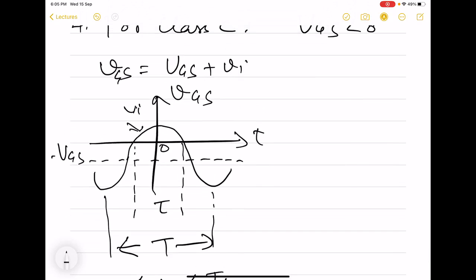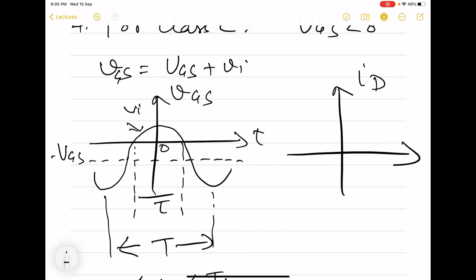And in this case, you can see the current waveform. So it will be non-zero only for a small duration, for this tau duration. And it will be 0 for majority of the portion.